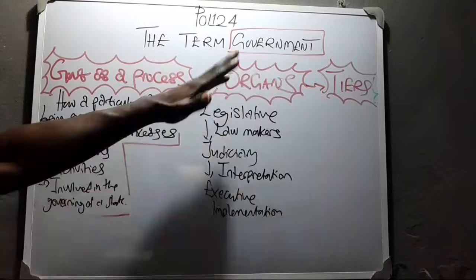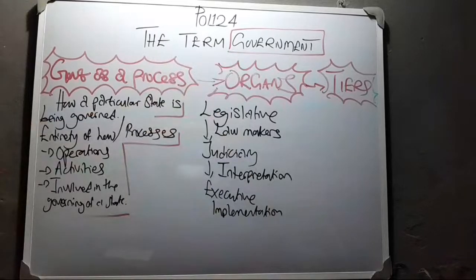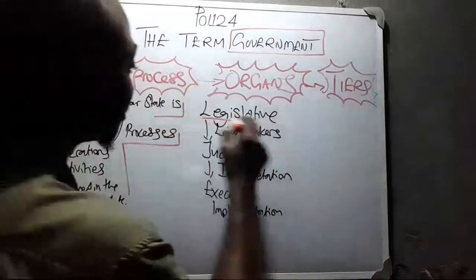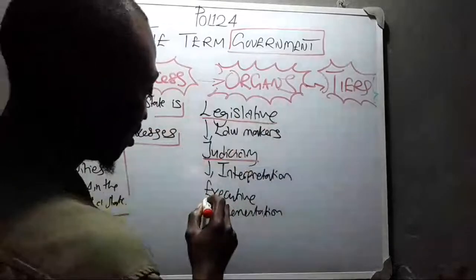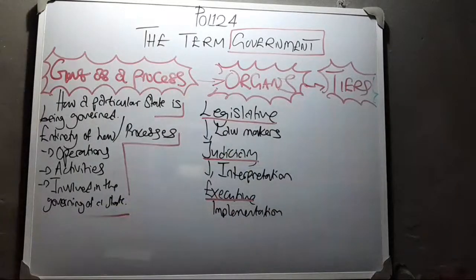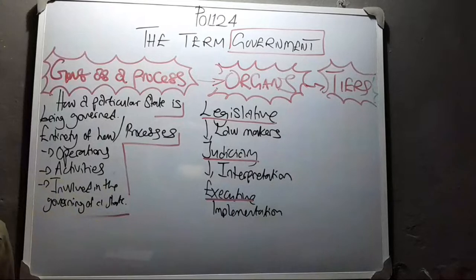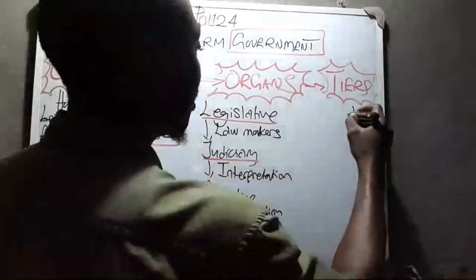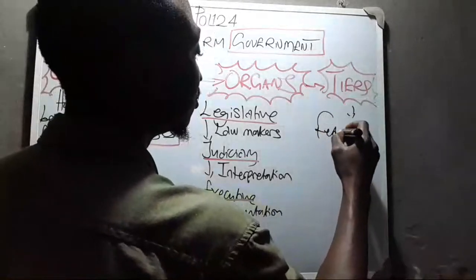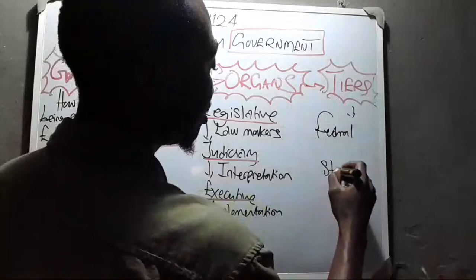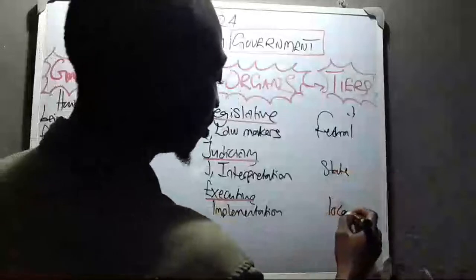We have the organs listed: the legislative, the judiciary, and the executive. And the tiers are also there, and they might sometimes be referred to as the levels of government. Here we have the federal, the state, and the local.